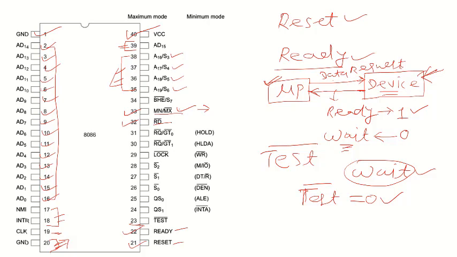And next is BHE bar S7. In the next lecture we will discuss BHE bar S7. You can count: we have discussed around 31 pins, and including BHE bar S7, that will be 32 pins.